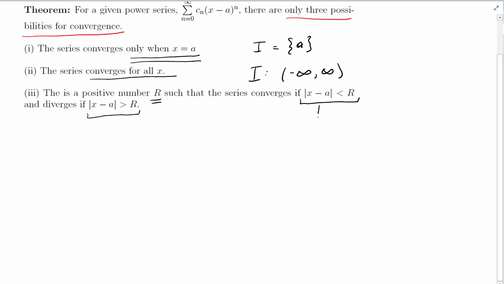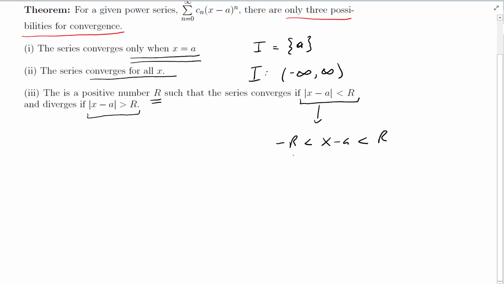Now, first of all, we look at this and say, well, absolute value of x minus a less than r. You do need to know how to get this without the absolute values. I see students make a lot of errors on this every time. So this basically says, if I want to get rid of the absolute values, I go minus r less than x minus a less than r.